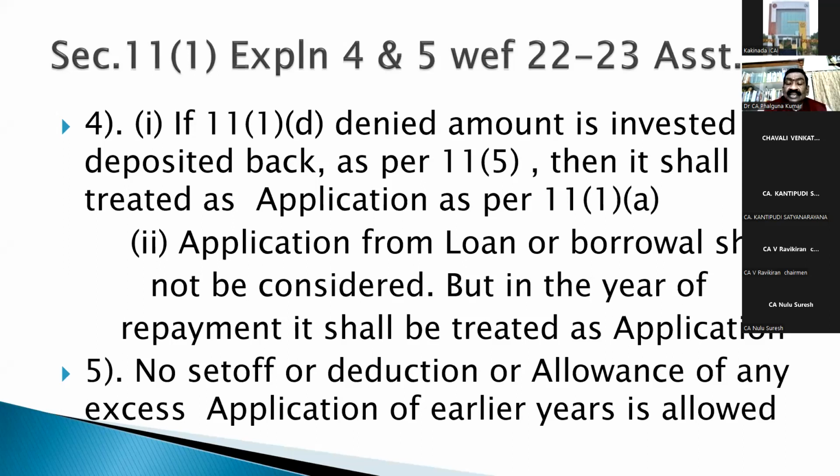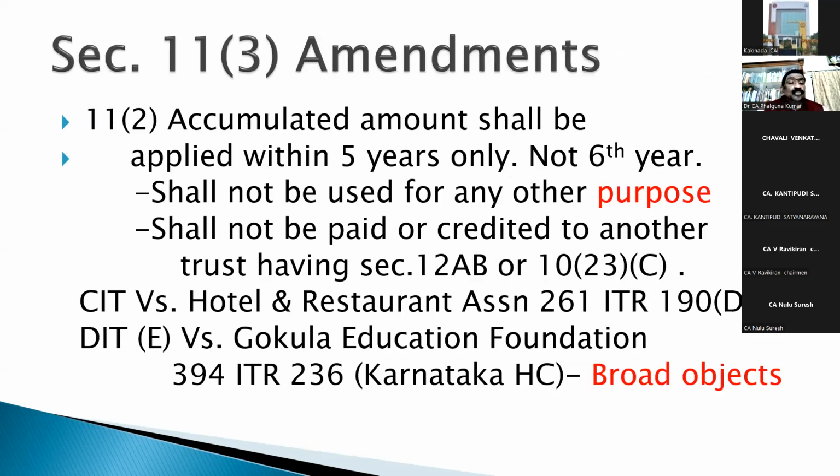Depreciation is an allowance, expenditure is a loss. So courts were allowing these things. Now, the amendment for assessment year 22-23 is that there is no question of any set off, no carry forward set off, or deduction or allowance for any excess application of earlier years. So this is a very important amendment. If you had applied, it's gone. You cannot say that you are entitled to carry forward.